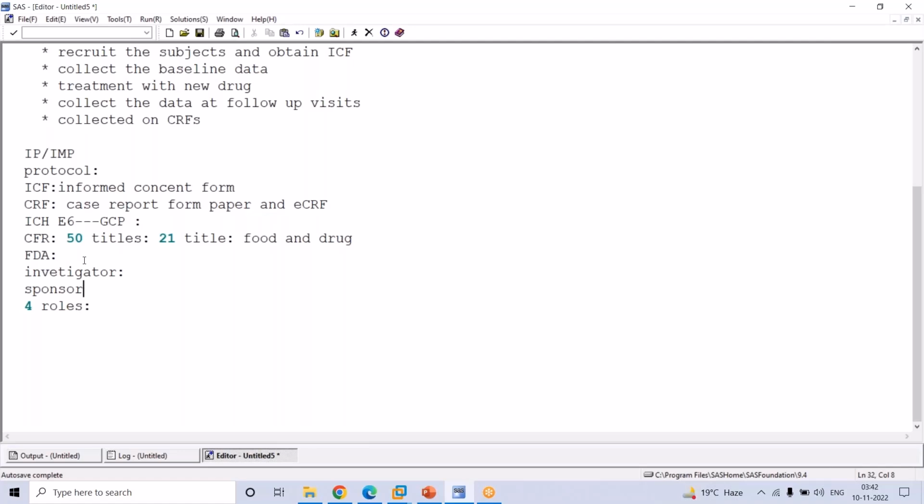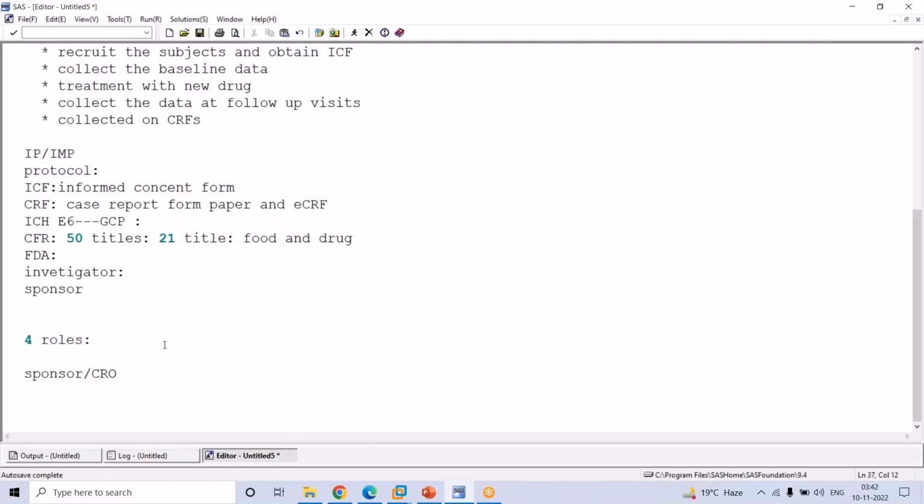Sponsor is nothing but pharmaceutical companies, sponsoring companies who finance, who fund, who organize the clinical trials. In the clinical trial team, there are 4 main roles, which is sponsor.